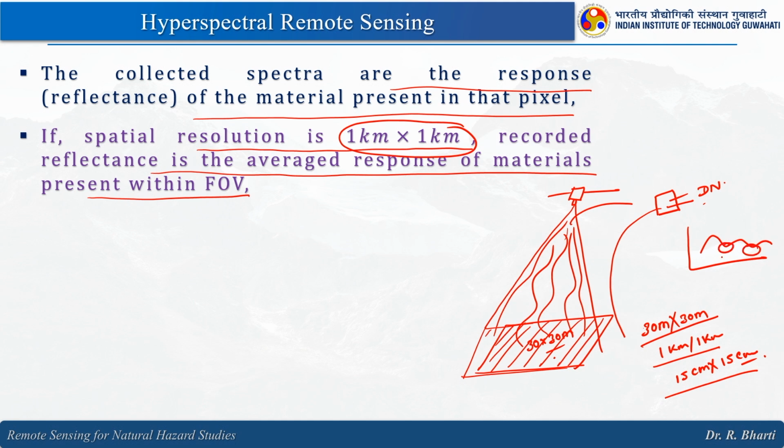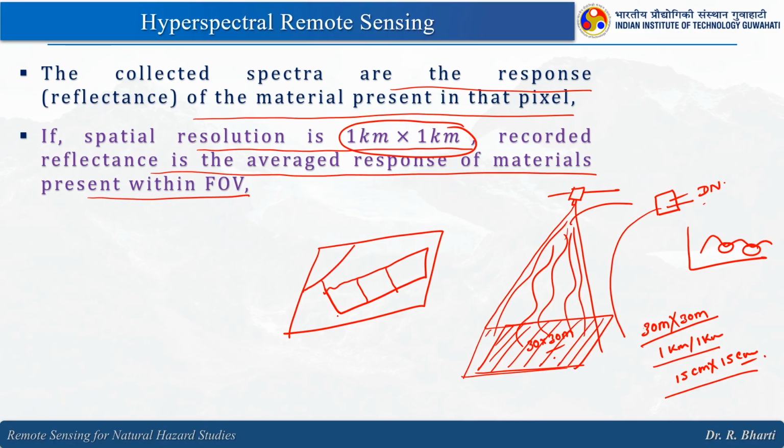Now, can you imagine at the field scale, can you find one particular material present in 30 by 30 meters or 1 kilometer by 1 kilometer? It is very difficult. Sometimes we get it, but sometimes you have different materials present within the field of view.